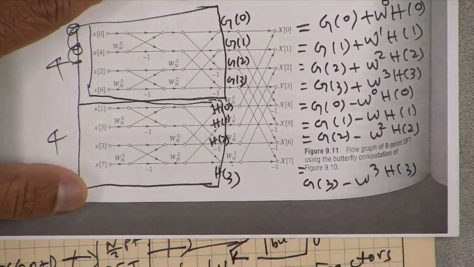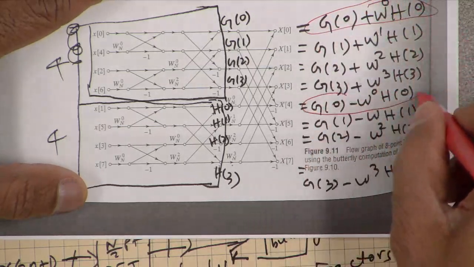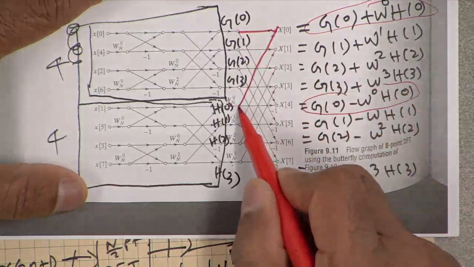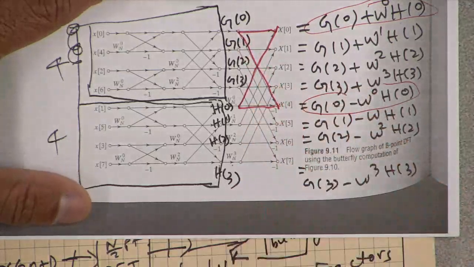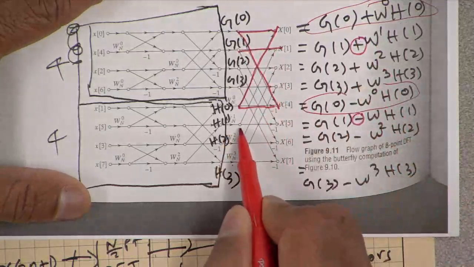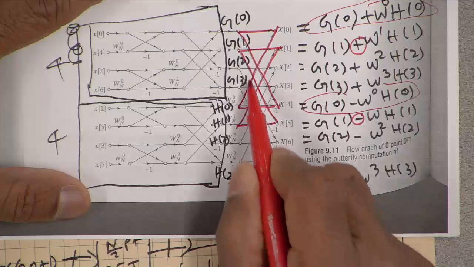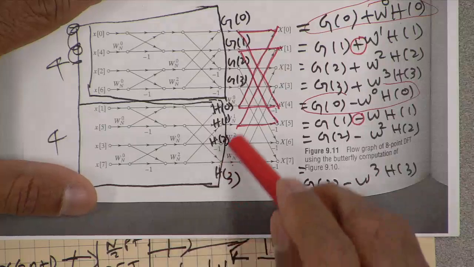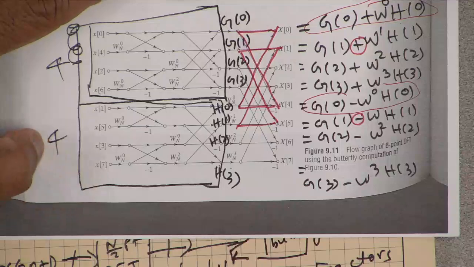And if you look at these corresponding operations, G0 plus W to the power 0 H0 and minus, that is simply the first output from here and first output from here and the butterfly of that. Same with the next one, G1 plus, G1 minus, these two are the next butterfly. And so there are n by 2 butterflies to merge. So the way to merge is these twiddle factors plus n by 2 butterfly operations.